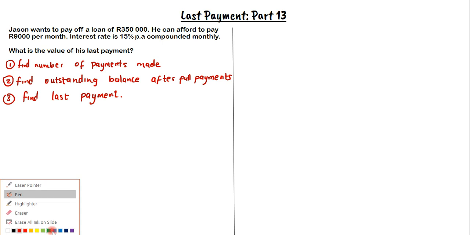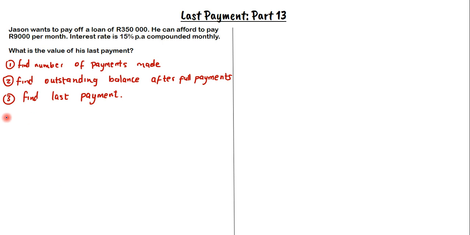Let's go ahead and do that. Let's start off with the first step, which is the number of payments made. In order for us to get the number of payments made, of course, we need to get our information. Our present value, the loan, is 350,000 rands.